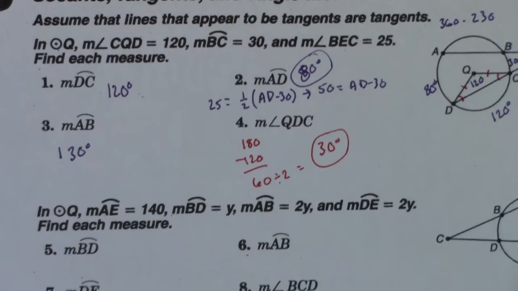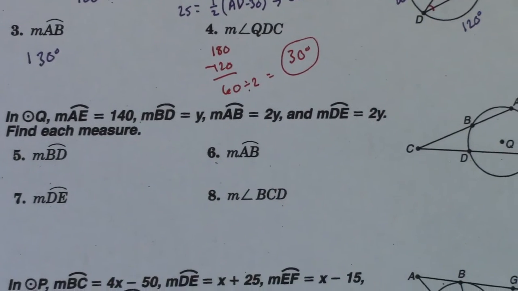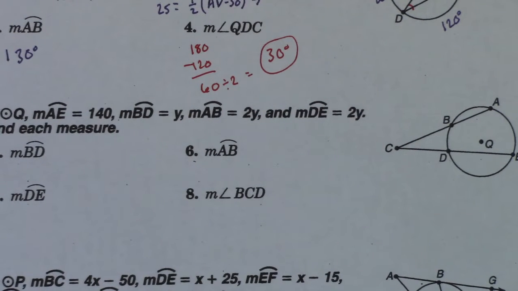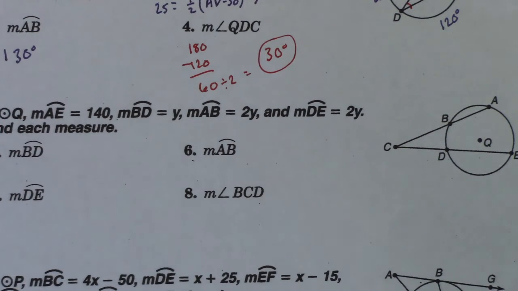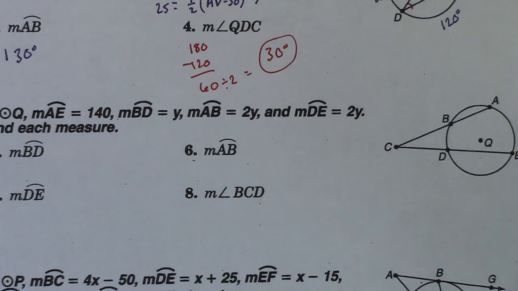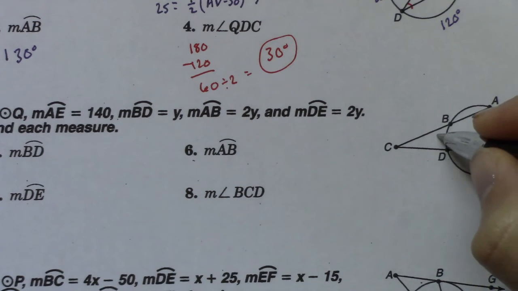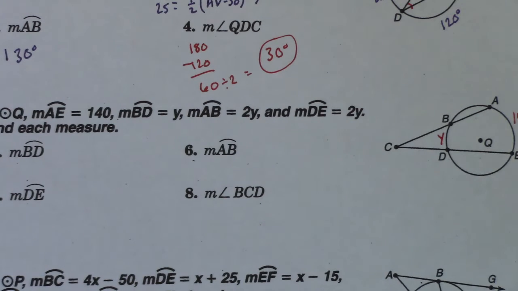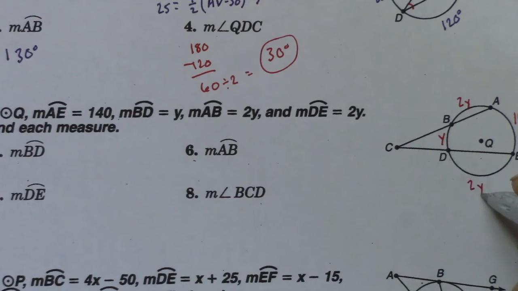Let's jump down to number 2, or the second section, and let's see what we got. AE is 140 degrees, BD is Y, AB is 2Y, and DE is also 2Y. Well, same as before, I know that all 4 of those parts must add up to 360.